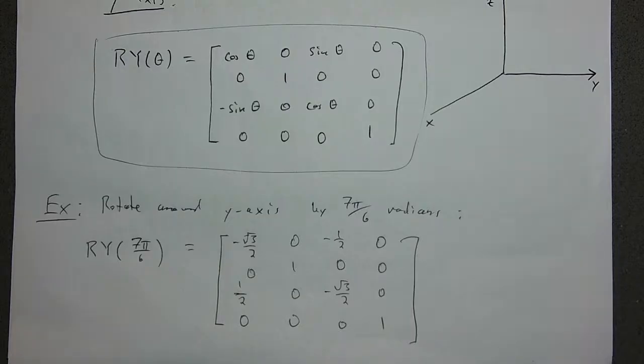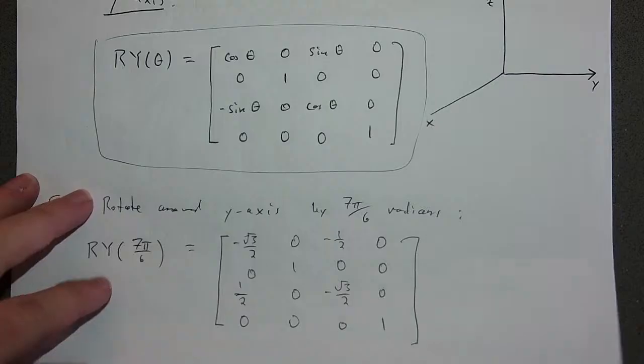Now, what if I want to rotate about an axis that's not just one of the coordinate axes? It's not the x, y, or z axis. So here's the next example.